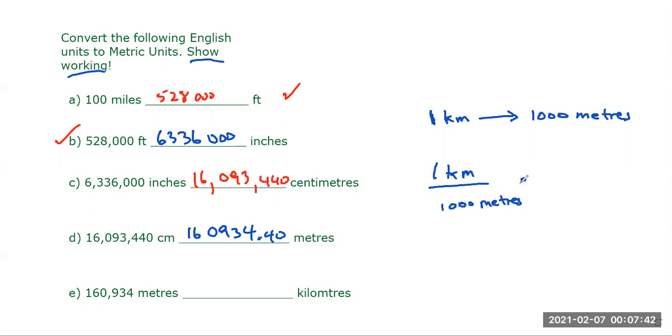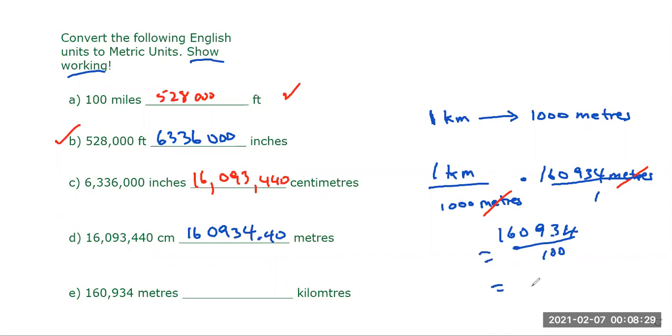Now we're going to multiply by what we're given, which is 160,934 meters. And so what happens here is that meters cancel meters. And so we have 160,934 over 1, and so 1 times this is the same amount, and 1,000 times 1 is 1,000.